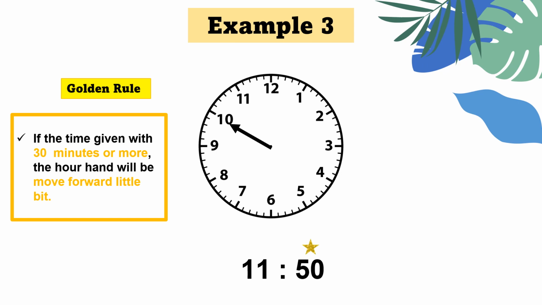For 11 o'clock, we count 1, 2, 3, 4, 5, 6, 7, 8, 9, 10, 11. The hour hand will not point directly at 11, but will move a little bit forward, between 11 and 12. So this is how you draw the hour hand for 11:50.